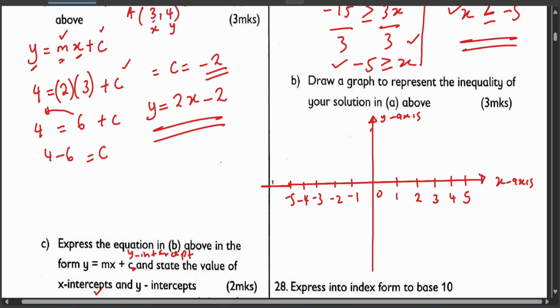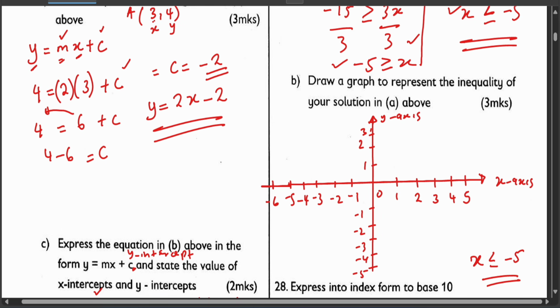Then let's say we have negative 6. So here we have 1, 2, 3. Here we have negative 1, negative 2, negative 3, negative 4, and negative 5. So now in this question you are told to draw a graph to represent the inequality of your solution. Your inequality is this: x is less or equal to negative 5.